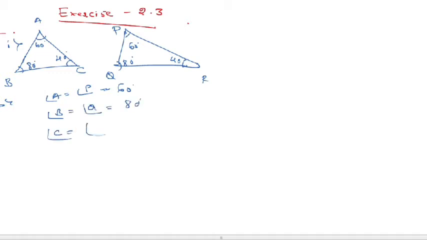Angle C is equal to angle R is equal to 40°. Therefore, triangle ABC is similar to triangle PQR. It is according to what? AAA criteria.